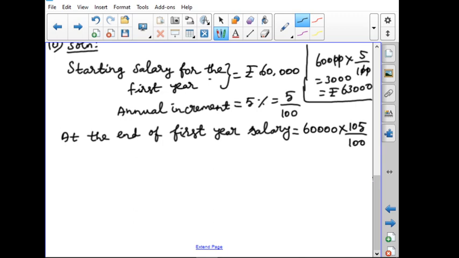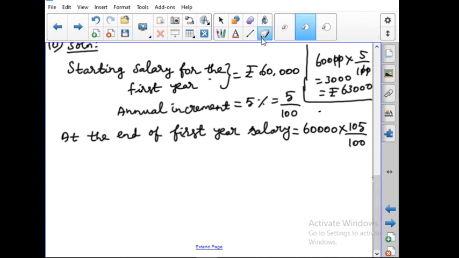Suppose they had given a decrement of 5, we would subtract: 100 minus 5 is 95 by 100. Here they have given an annual increment, so we add 5 to 100 and get 105 by 100. This is equal to rupees 63,000. We can write this as 60,000 into 105 by 100 at the end of the first year salary.